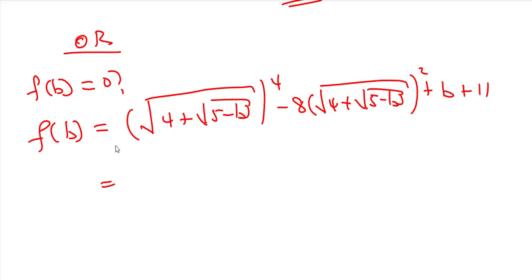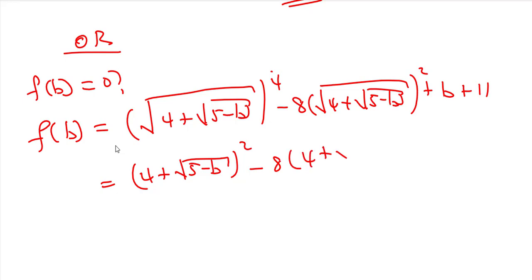So this gives 4 plus the square root of 5 minus b, all of this squared, since the 2 cancels with the square root, then minus 8 into 4 plus the square root of 5 minus b, then plus b plus 11. So what do we get here?